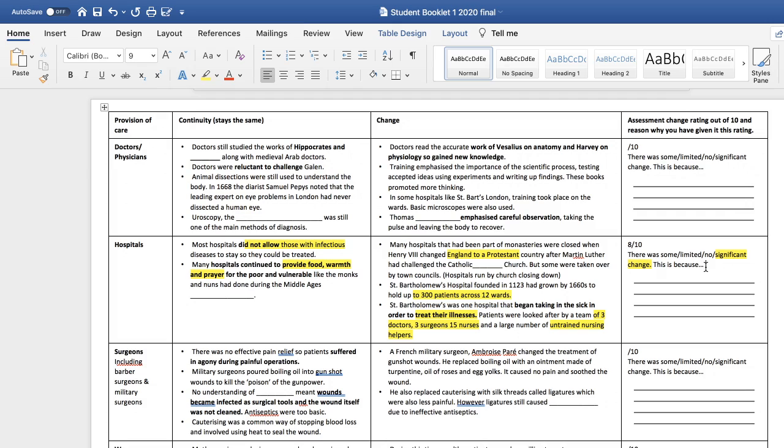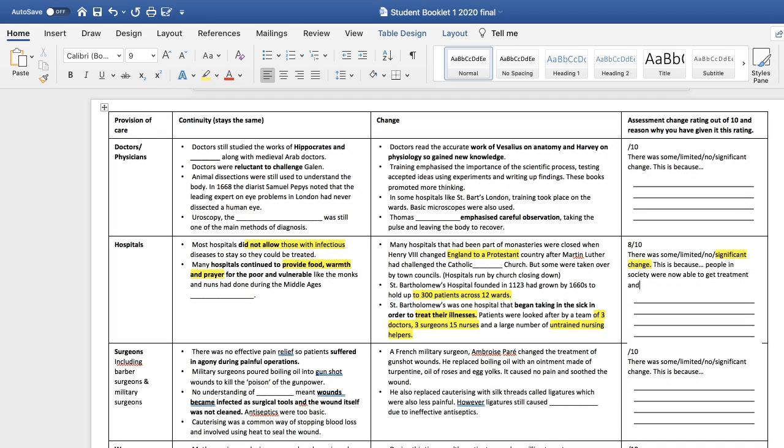This is because people in society were now able to get treatment and medical advice.